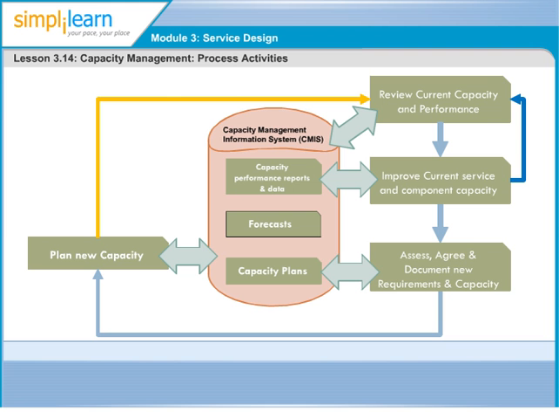A key activity of capacity management process is capacity planning. Capacity planning is typically a periodic activity and in line with the financial cycle. This is because of the financial implications of capacity, which means changes to capacity typically require upgrading or downgrading of resources like hardware, software, space, and so on.